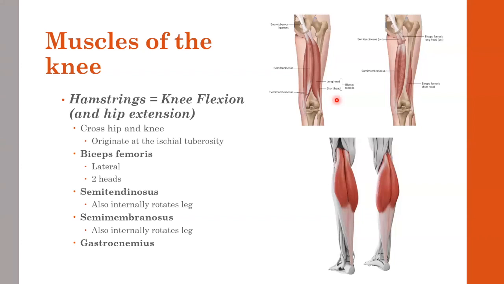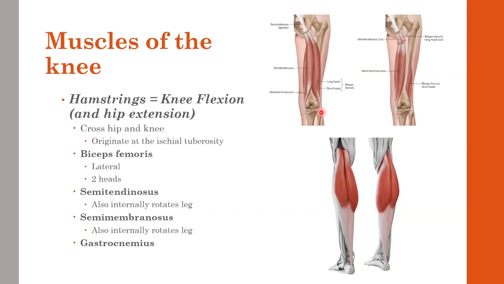So for our hamstrings, we have three muscles: our biceps femoris, our semitendinosus, and our semimembranosus. Remember that our hamstring muscles, all three of them, originate on the ischial tuberosity. As we move down more distally, our biceps femoris muscle will insert primarily on the fibula head.